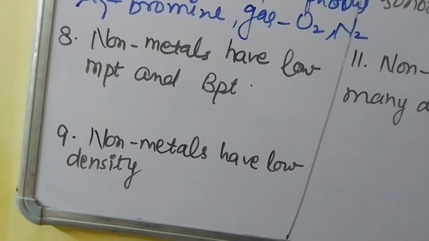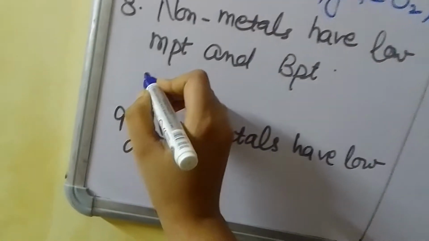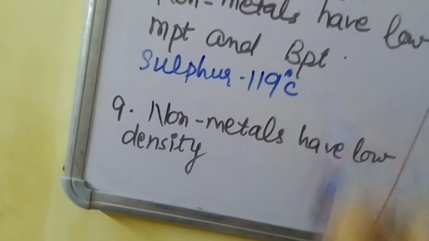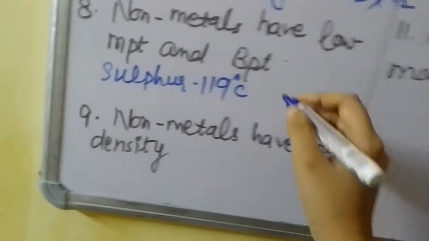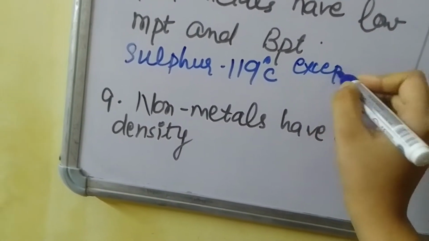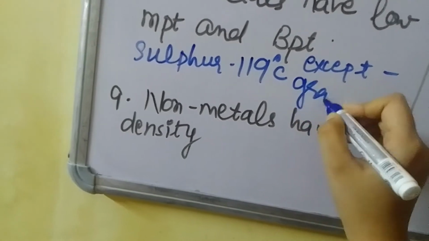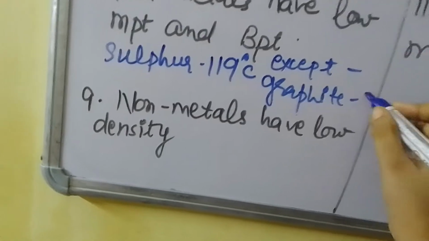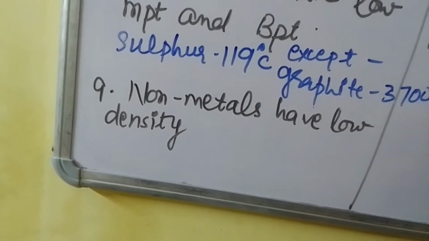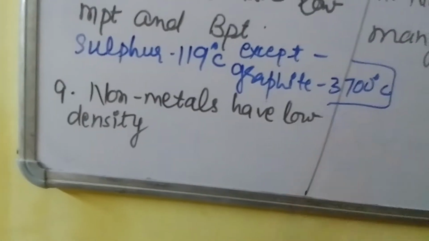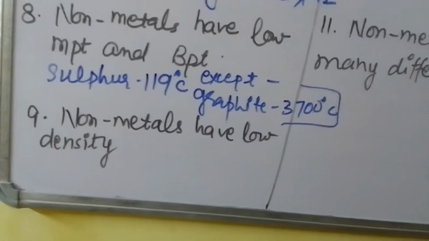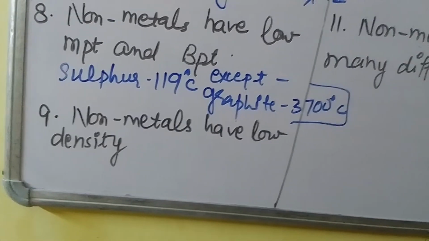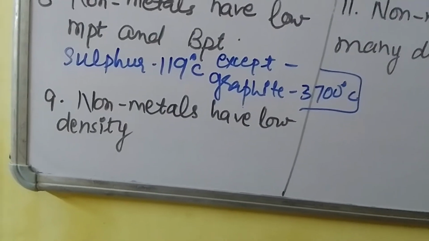Sulfur has a very low melting point of 119 degrees Celsius. But there is an exception with a very high melting point, which is graphite. Graphite has a melting point of 3700 degrees Celsius. That is an exception among non-metals, and it also has a high boiling point.